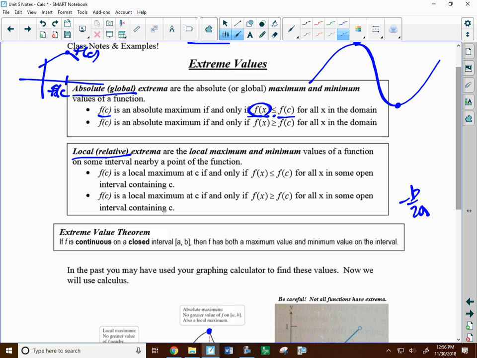So all of the other values are less than this value, for all of the domain. Now, it's absolute, that's supposed to say minimum, I'm sorry. It's absolute minimum, it's fine on here as I'm looking at it. Absolute minimum if your y value is less than all the other values. So all the other values are bigger than it in the domain.